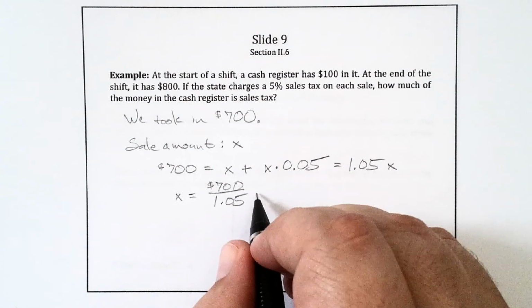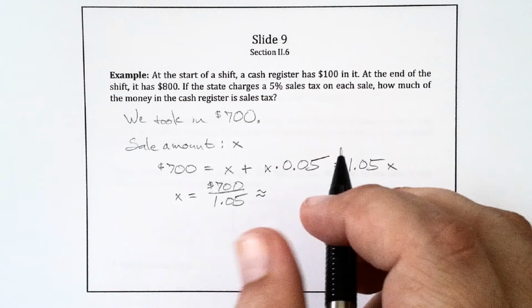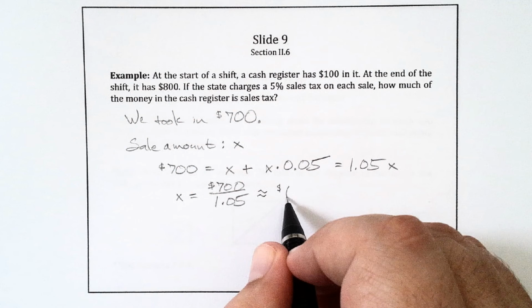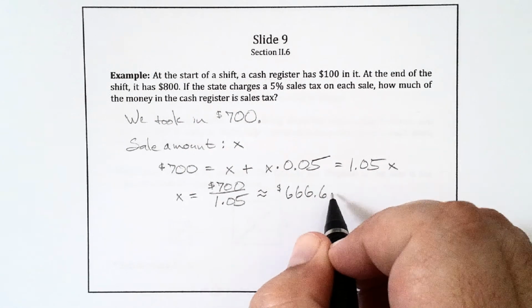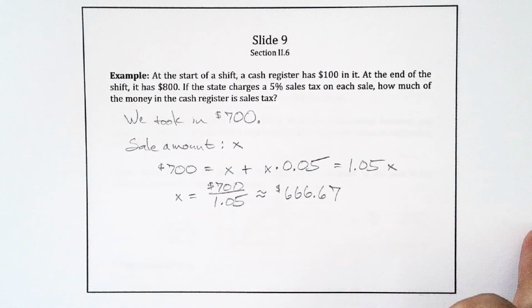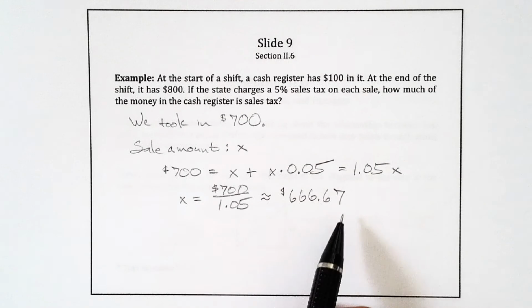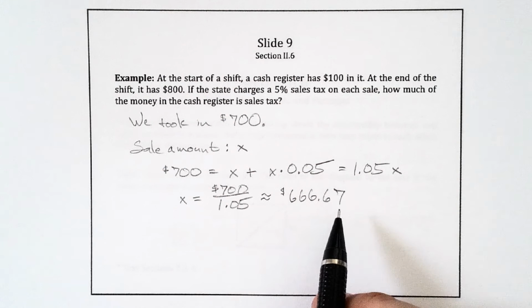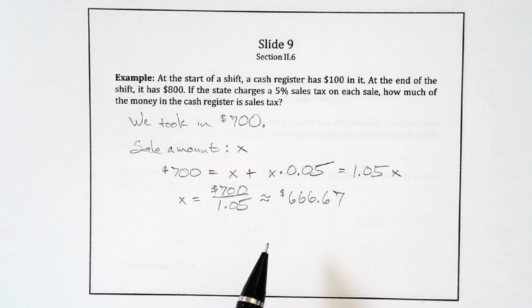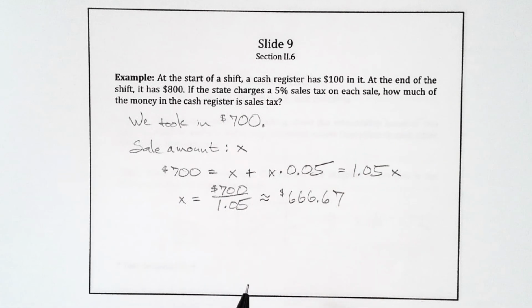And we get, I'm going to round since we're working with money, 666.67. And so this is the sale amount. This is the money that we keep. Then the sales tax is what's left over. Or, same thing, it's 5% of that. What is 5% of that?